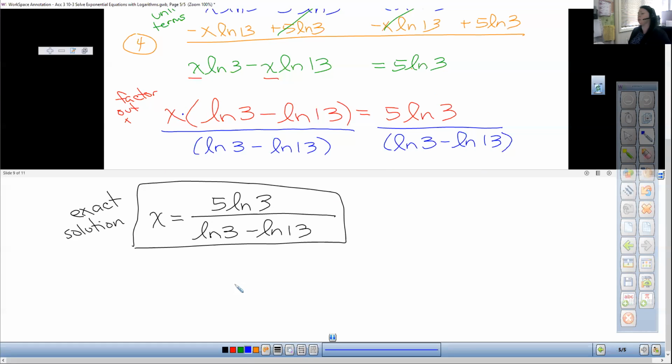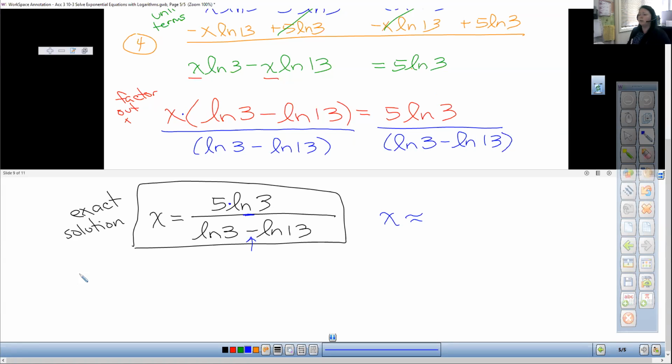Okay, so now let's do the approximation. Analyzing this as far as order of operations, we are going to need the calculator to do this subtraction before it does the division. We also need it to do this multiplication here before it does this division.